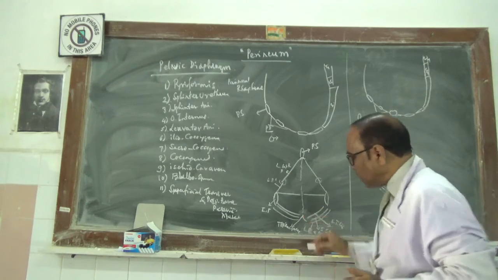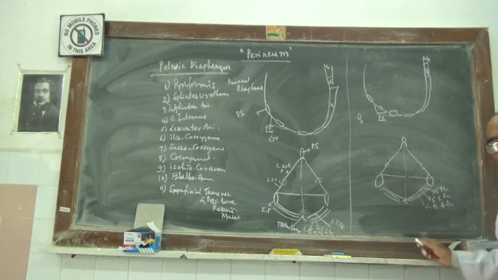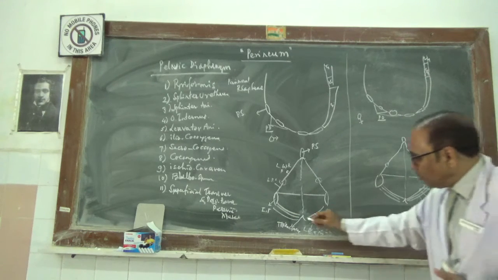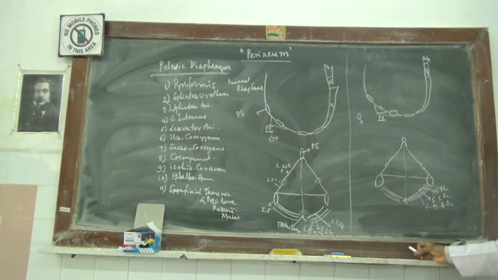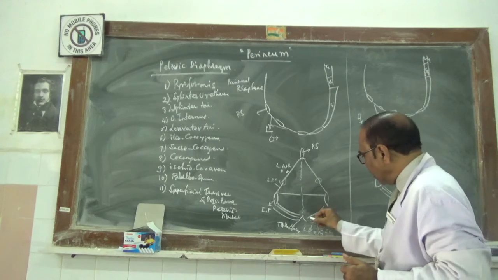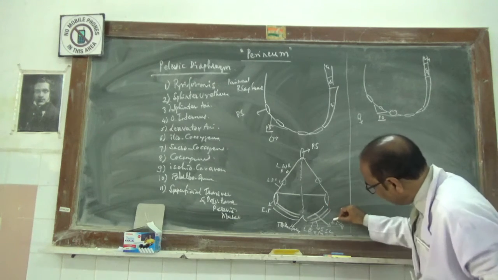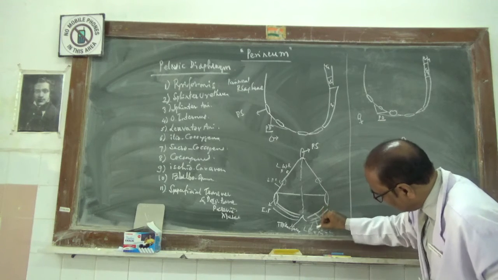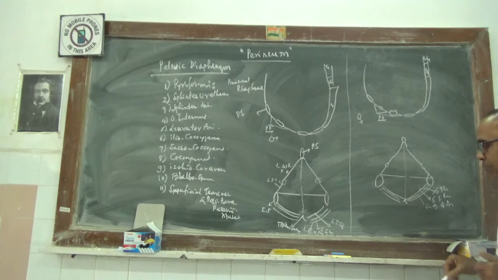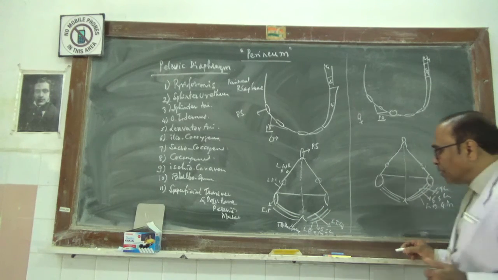Behind in the median plane, it is limited by the tip of the coccyx. Behind and laterally on either side, it is limited by the sacrotuberous ligament and the sacrospinous ligament in male and female.